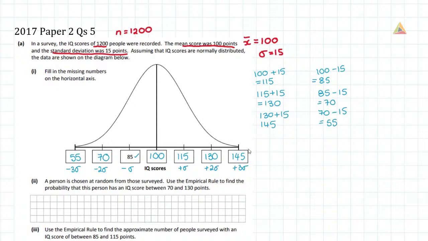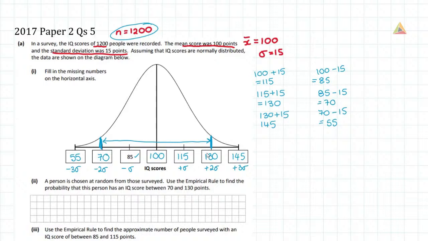And then it says a person is chosen at random from those surveyed. So this is from the 1,200 people that were surveyed. Use the empirical rule to find the probability that this person has an IQ score between 70 and 130. Now this time I'm looking for a probability. I'm not looking for the number of people. So 70 is here and 130 is here. So I can see that we're looking at 2 standard deviations below and 2 standard deviations above.